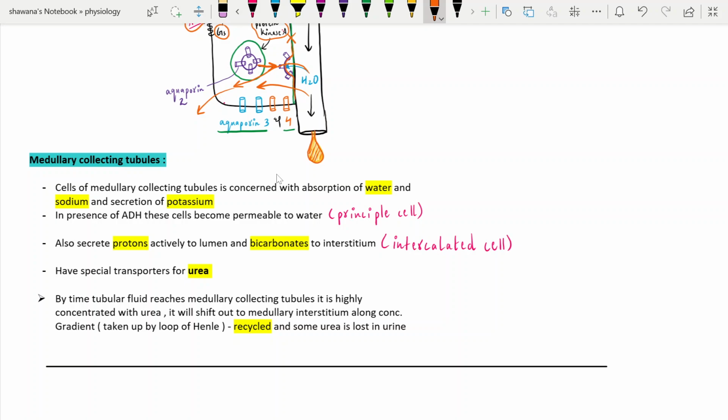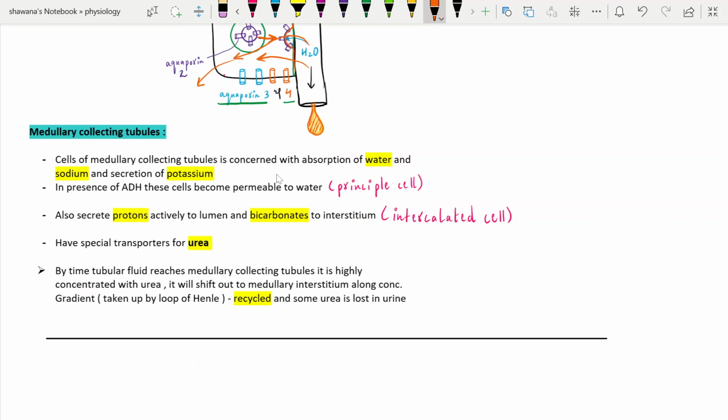For example, in the presence of ADH, these cells become water permeable. It means that this cell has the function similar to the principal cell. And the cells of the medullary collecting tubules can also actively secrete protons into the lumen and bicarbonates into the interstitium, and that bicarbonate can be reabsorbed into the blood.